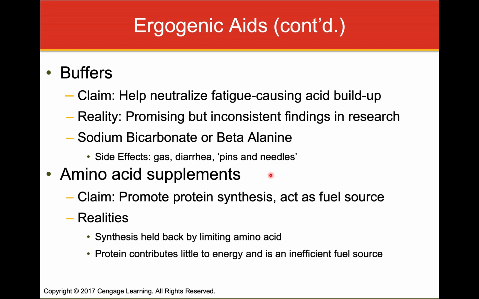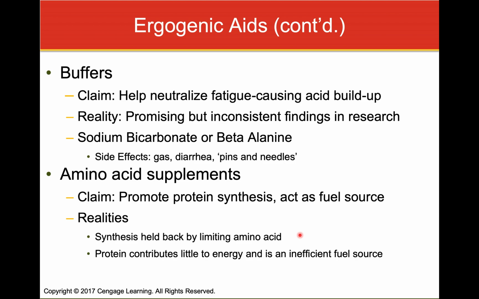The second one here, amino acid supplements such as branched chain amino acids or just single amino acid supplements. These are going to claim to promote protein synthesis and act as a fuel source, where the reality is that synthesis is held back by the limiting amino acid. So just taking 1, 2, 3 of the amino acids is not as beneficial as getting all of them in sufficient quantities, right?